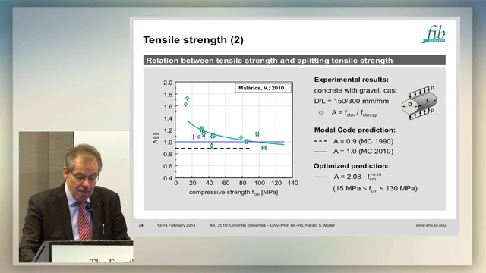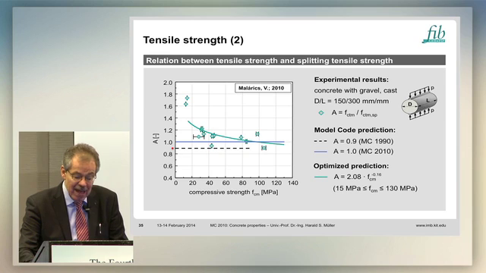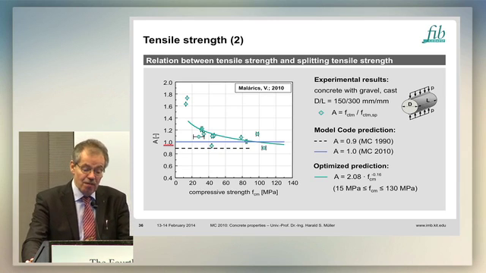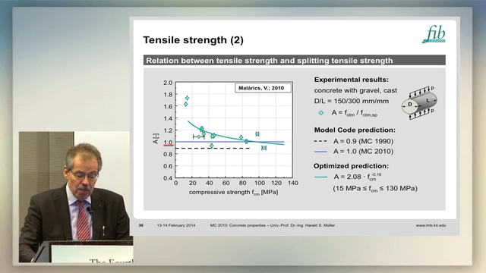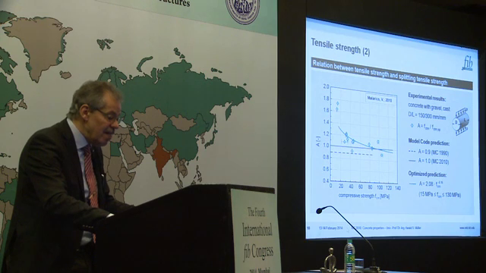You have here the relation for the old Model Code. It was a constant value of 0.9. And in the new Model Code, we increased it a little bit because we found from test data, these are some test data from Müller. We did a very careful survey of all the available data in the world, and we found actually there is a clear dependency on the compressive strength, like it is shown here.